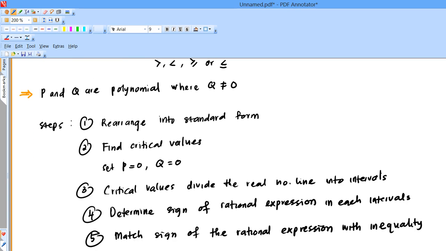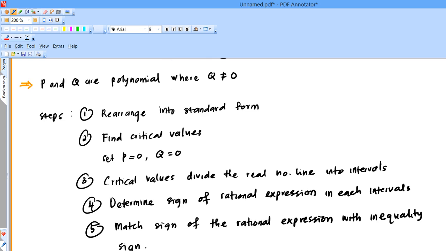First step, you need to rearrange into standard form. Step number 2, find critical values, where you set the polynomial functions at the numerator and denominator equal to 0, so we can get the values of x, which are referred to as critical values.